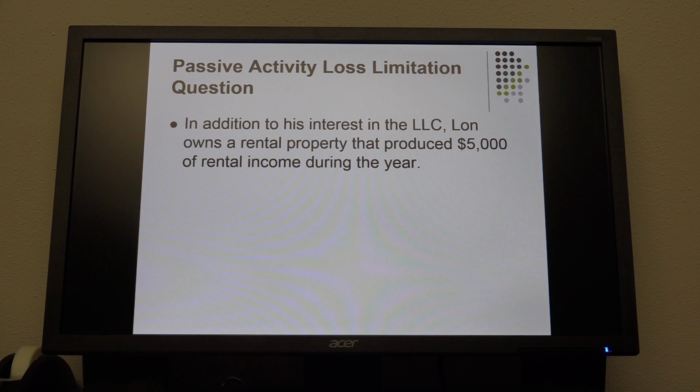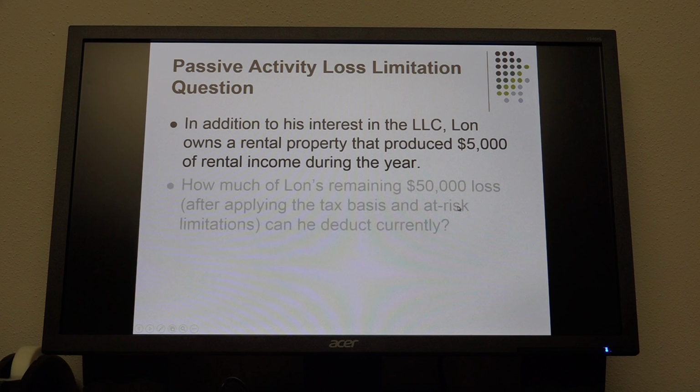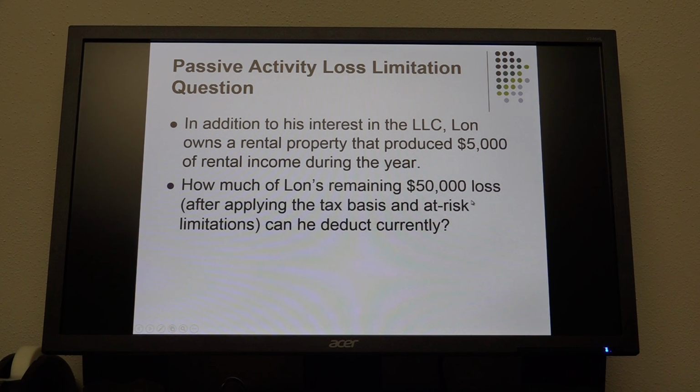So here's an example. In addition to his interest in the LLC, Lon owns a rental property that produced $5,000 of rental income during the year. How much of his remaining $50,000 loss, the $20,000 from the previous example, can he deduct currently?